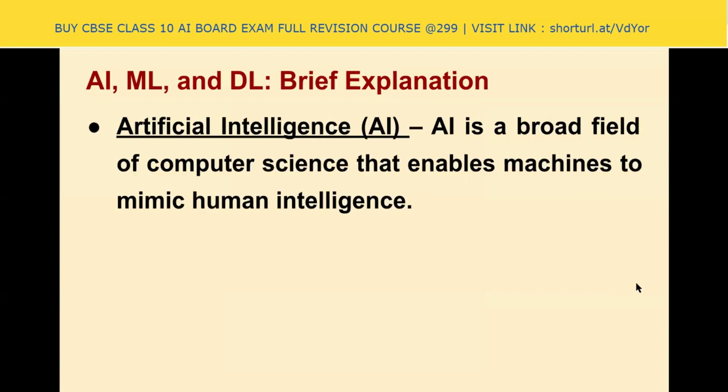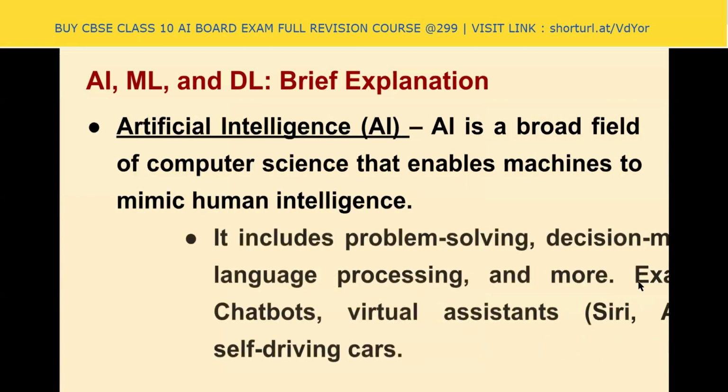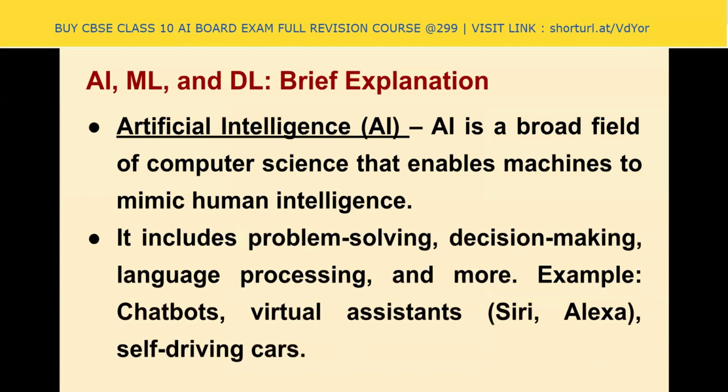Now let's understand what is artificial intelligence. This is a broader term, so let's look at what the applications of artificial intelligence are. First listen to this. Artificial intelligence, AI.